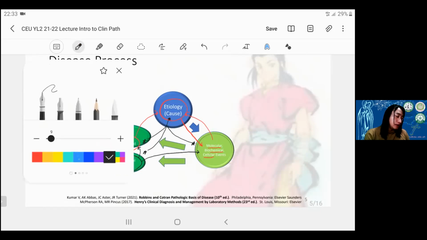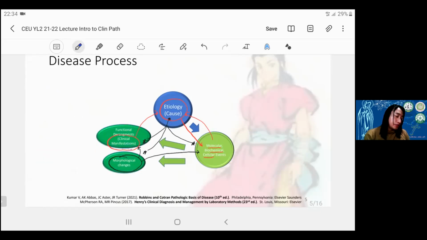And basically, these three stages would deal with the different specialties. So here, because of the routine laboratory test, this is under the clinical pathology.